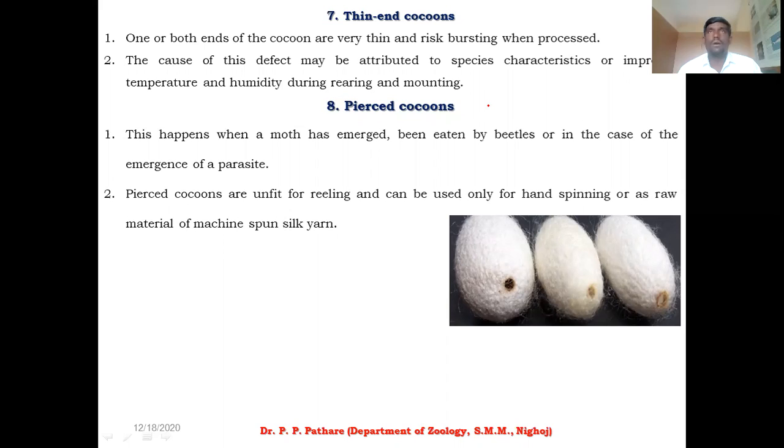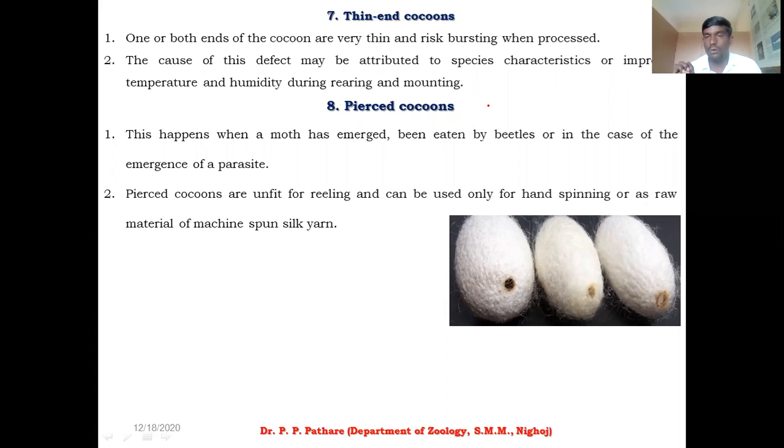After the spinning of cocoon, that is the final stage, the pupation period is complete or over. This happens when the moth has emerged, or wants to fly outside the cocoon. So such type of hole is produced by your adult emerging outside the cocoon.